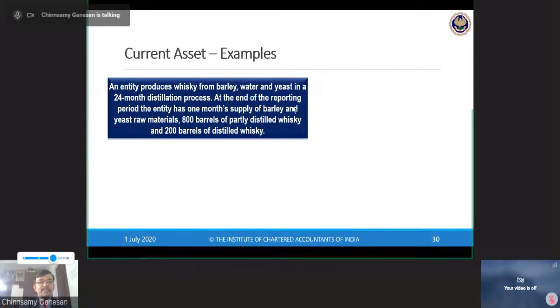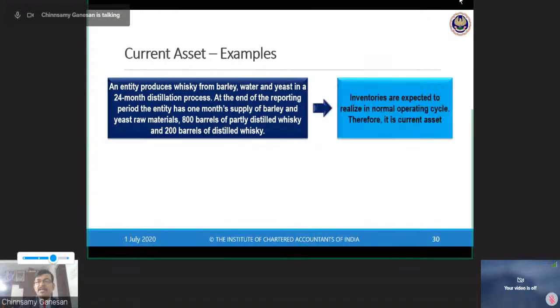At the end of the reporting period, the entity has 1 month supply of barley and yeast raw material and 800 barrels of partly distilled whiskey, and how should it be classified? As I have said, it is inventory. Inventory is expected to be realized or consumed within the operating cycle, so it is normally considered a current asset.